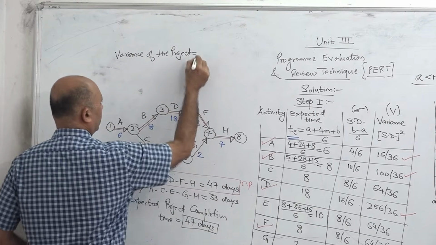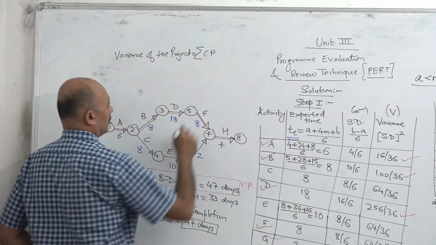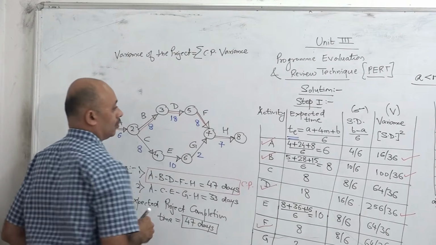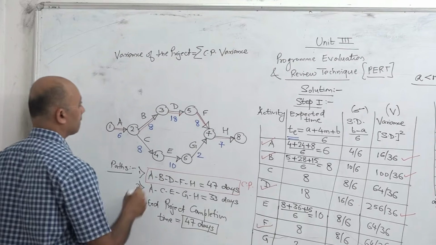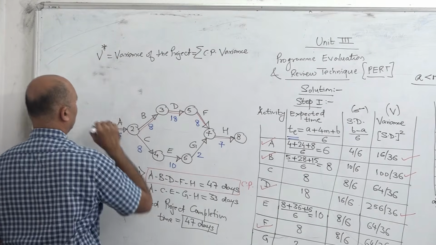The variance of the project is the summation of the critical path variances. We can call it V star.